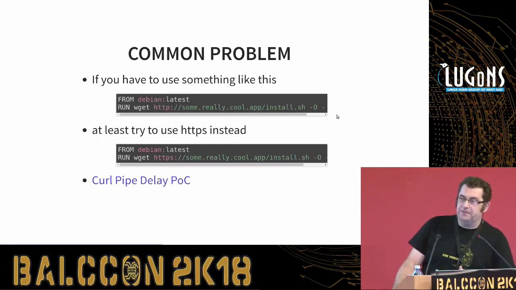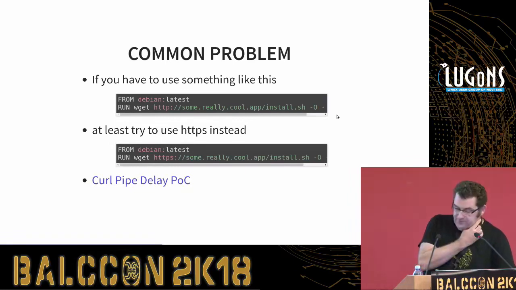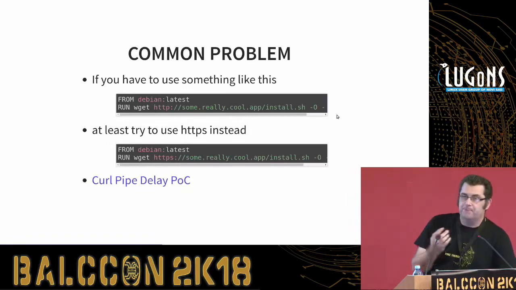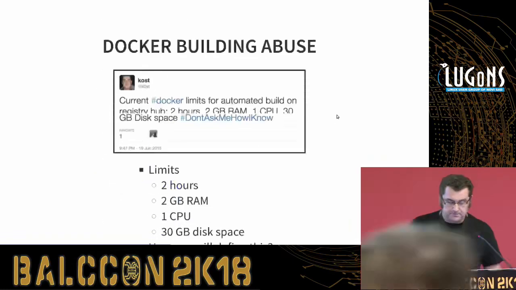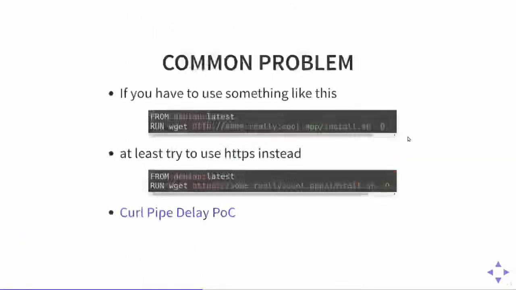So this can be used to execute some commands. So definitely, if you are doing something like this, it should be over HTTPS because of man in the middle. These are just the basics.